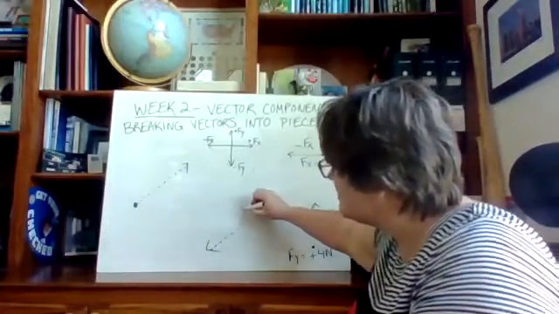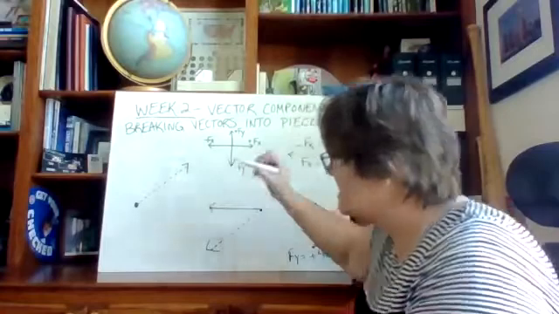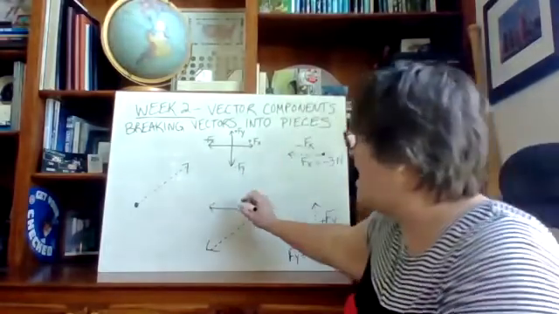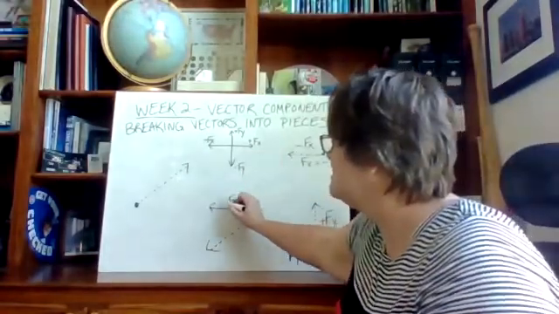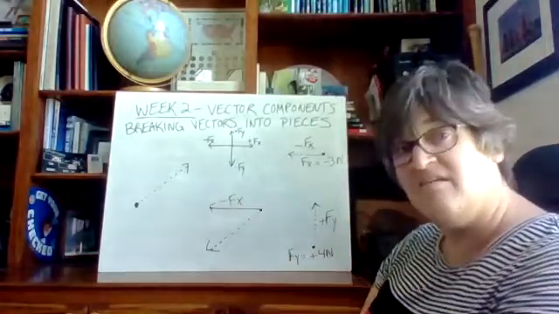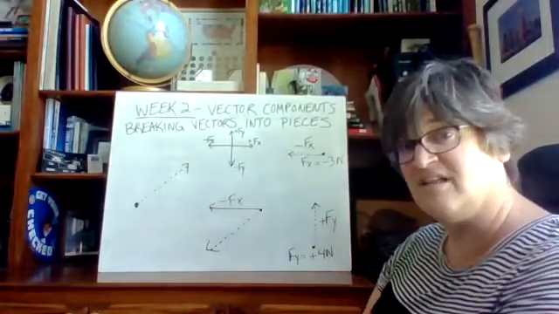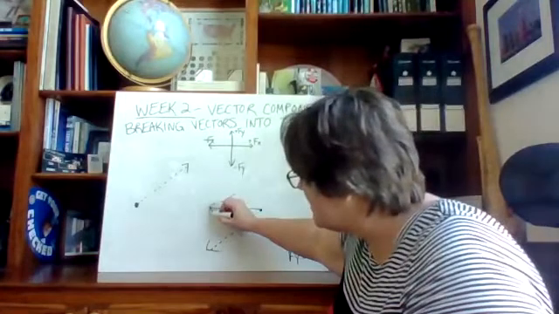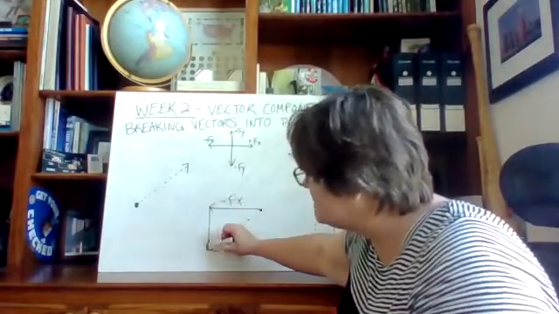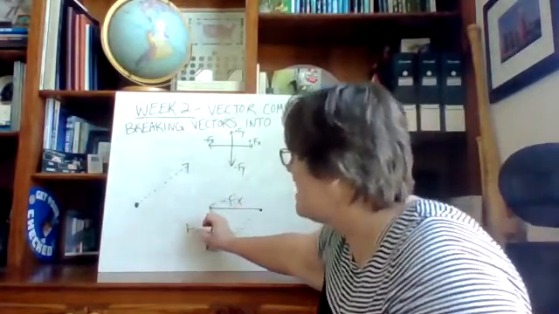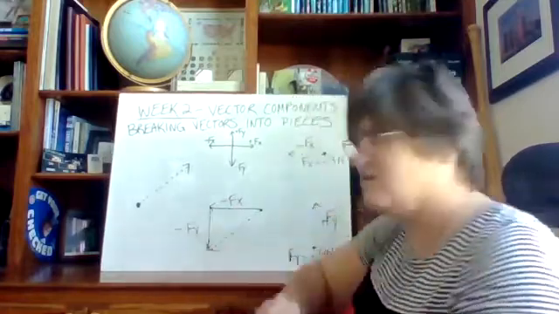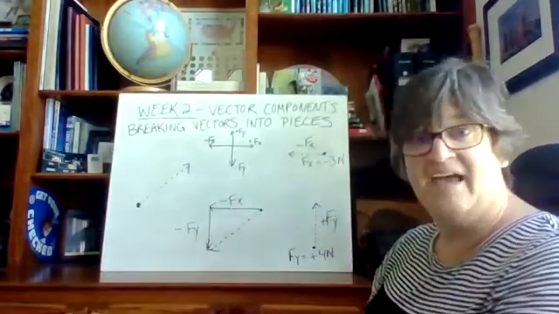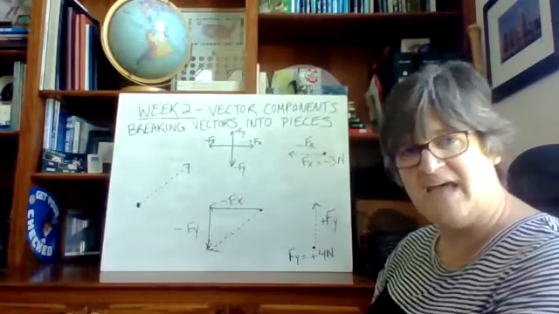So I could break this up into one piece, which would be Fx, and it would be negative simply because it's pointing to the left. And I would break it up into a second piece, which would be an Fy, which would also be negative because it's pointing down.